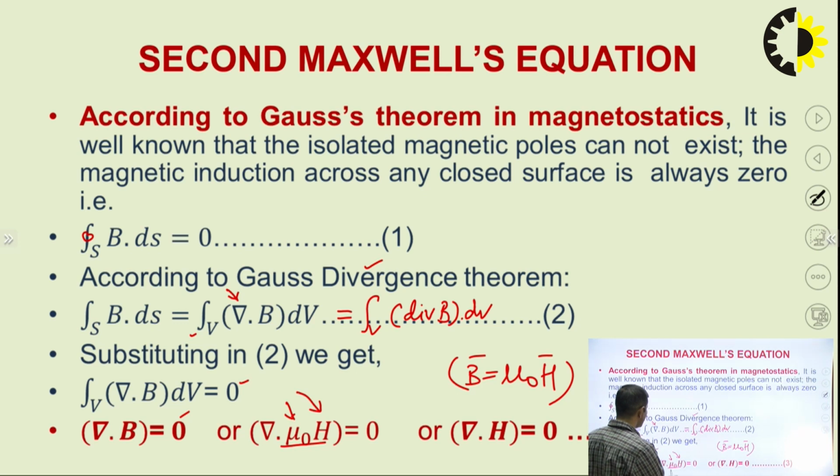So finally we can write this equation as del dot H equal to 0. So here we have the differential form of this equation.